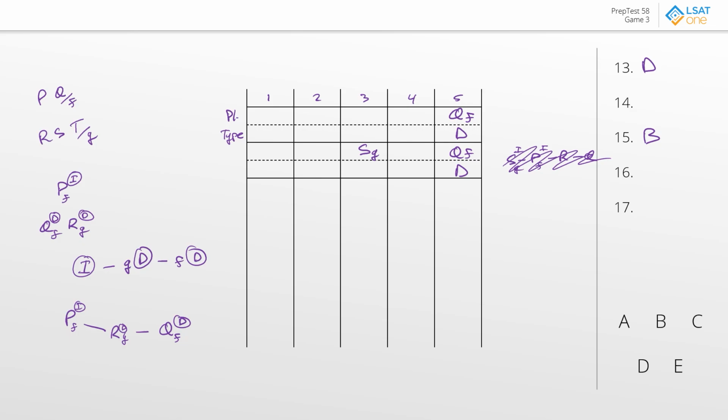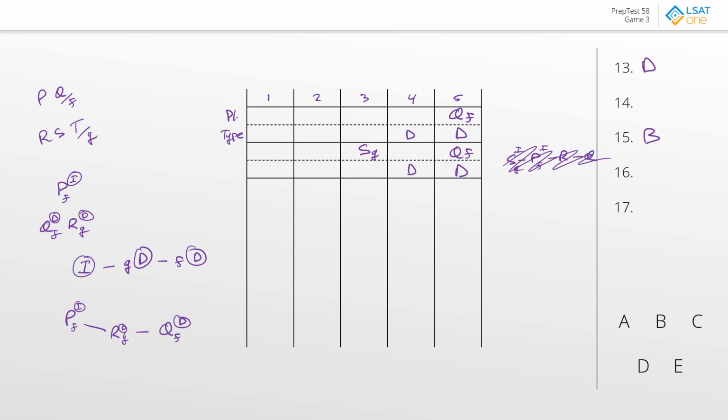Now we actually still don't really quite know whether this could arguably be international or domestic right now, can't it? Because if this was international, then you would simply have to have R as a domestic flight over here. In fact, we can actually say that number 4 has to be domestic, doesn't it? Because there's at least 2 domestics on the board. But that could work.